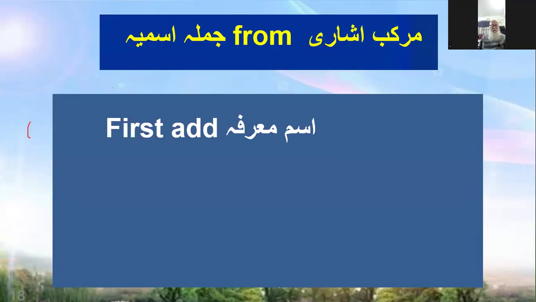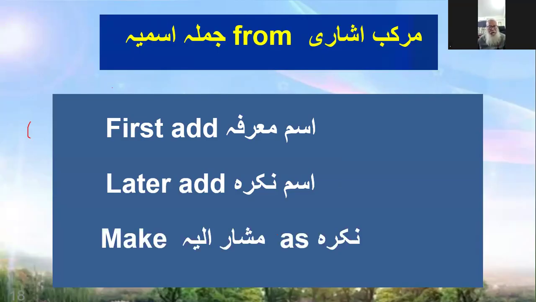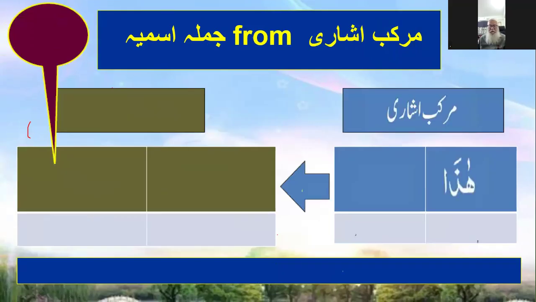Now let's make a jumla ismiya from a murakkab ishari. First add an ism marfu, later add an ism nakira, or make the mushar ilayh a nakira. So it becomes a jumla ismiya. Look, we have a compound. Haza ar-rajulu. It's a murakkab ishari because haza is the ishara and ar-rajulu has alif lam.